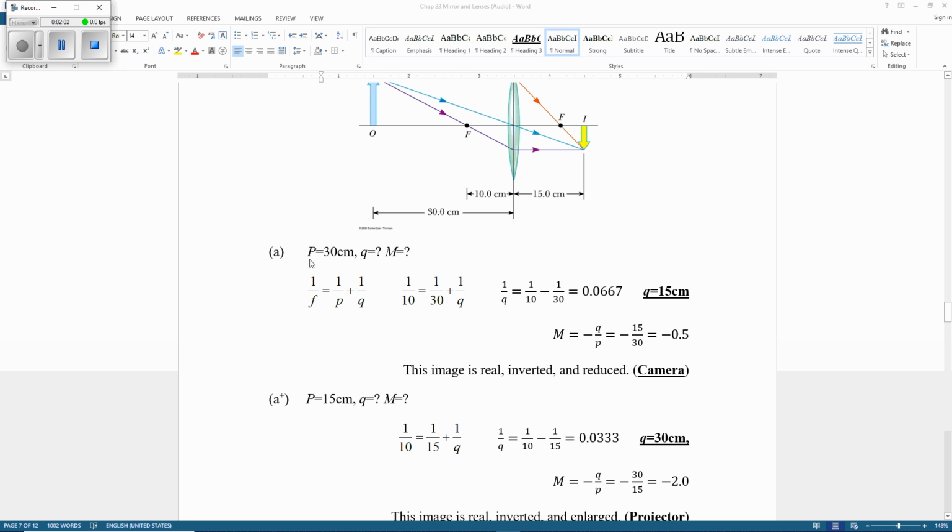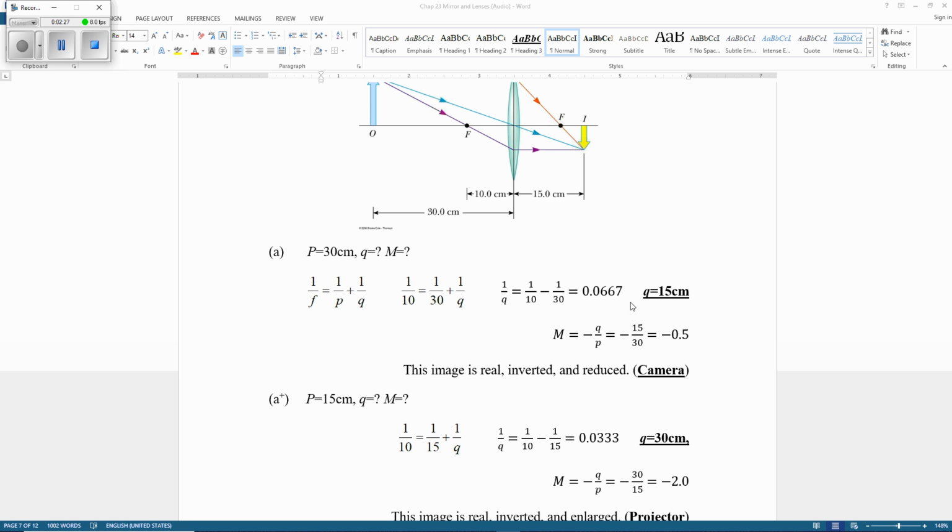First, we set the object 30 centimeters on the left, in front. So P is positive. We use the lens equation, 1 over F equals 1 over P plus 1 over Q. So F equals 10 and P equals 30.